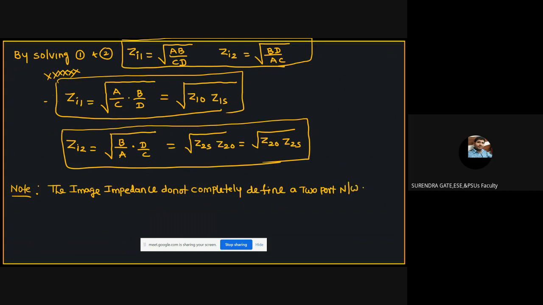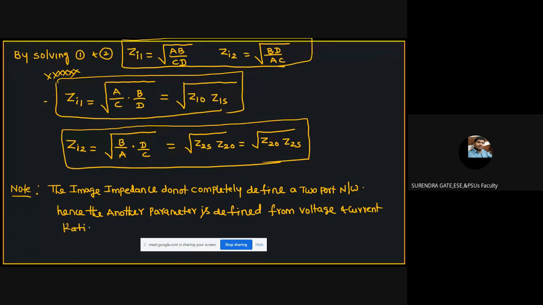Hence, another parameter is defined from voltage and current ratios. I'm not giving derivation for that parameter. Directly I'm giving.